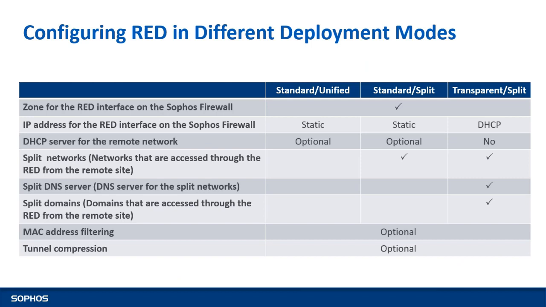In this case, the firewall network interface will get its IP address configuration from the DHCP on the remote side of the tunnel, because the firewall is not the default gateway for your network. You must provide more split configuration: in addition to split networks, configure a DNS server for those networks and split domains.